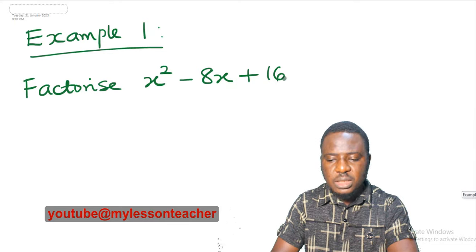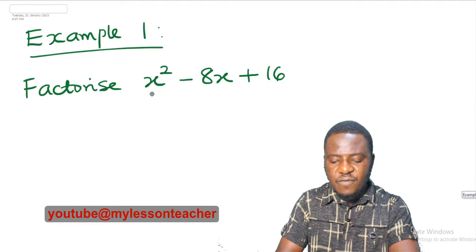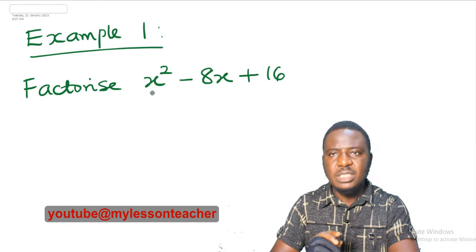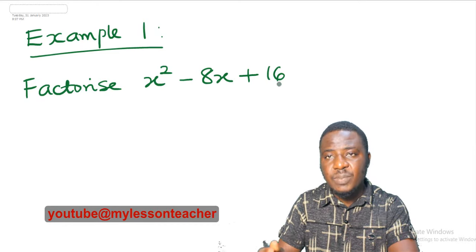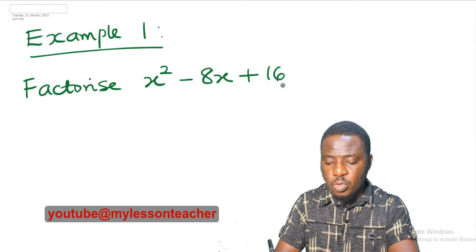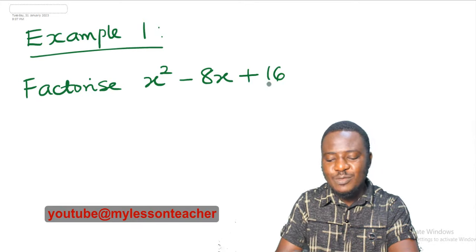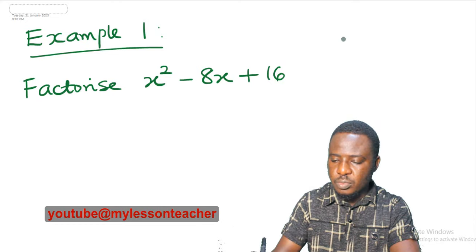This shows you that it is a perfect square because let's consider the two conditions, that the first term and the last term must be a perfect square. x squared is a perfect square. 16 is a perfect square because the square root of 16 is said to be what? 4. And the middle term is twice the product of these two, because if you multiply x squared and 16, it gives you 16x squared.